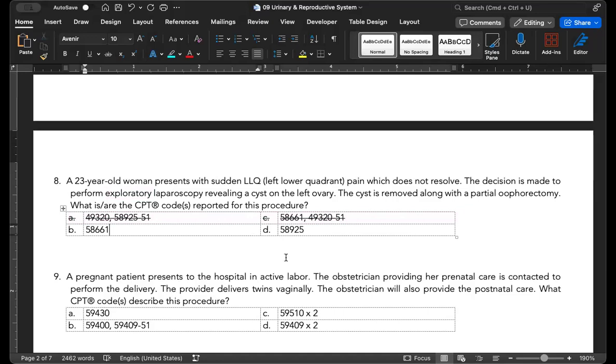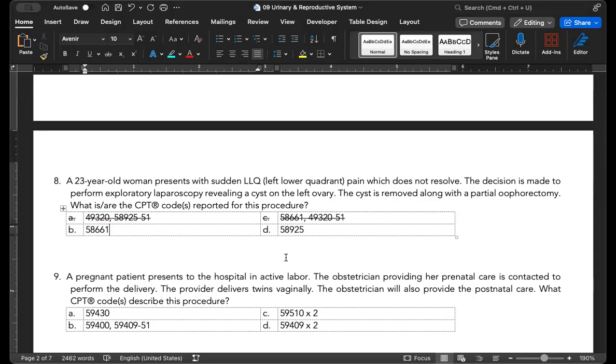Then in our alphabetic index, we're going to go back to doing this from scratch now, switching back and forth. We did a cyst removal along with a partial oophorectomy. So let's look at the code for the oophorectomy, just because that one's probably going to be a little easier to find in the alphabetic index.